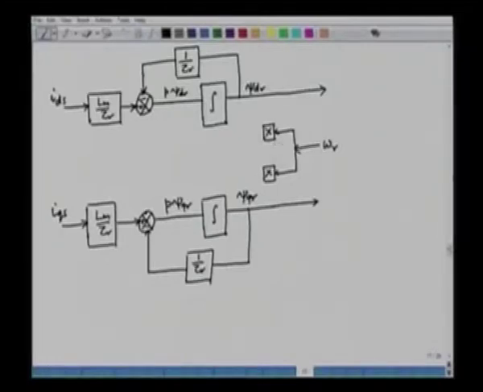So we can use the speed in this case, and then this is multiplied with psi dr, and this is fed here. And similarly, we can multiply here psi qr, and we can feed this here.